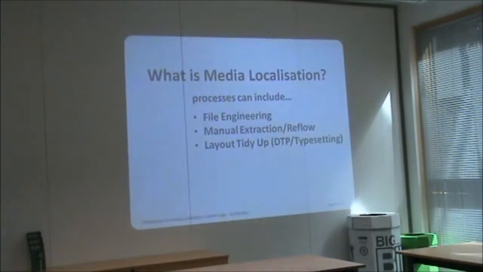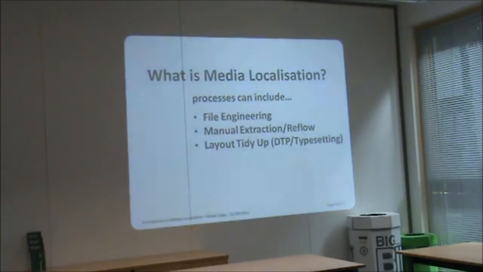Third thing is layout tidy up. So once the text has been inserted, whether it's by an engineering process or by a manual process, it's not going to look correct unless the layout's manually tidied up. So this is the stage that's referred to as DTP, desktop publishing, or typesetting.